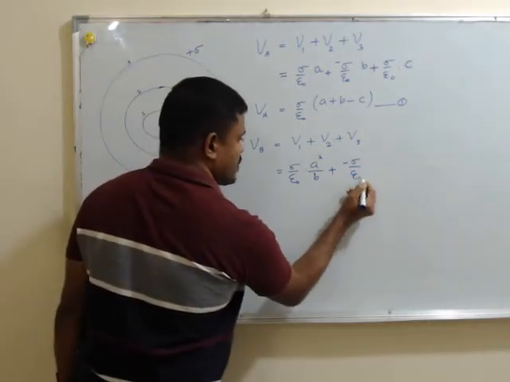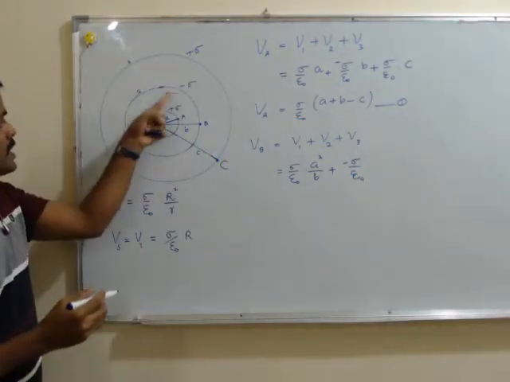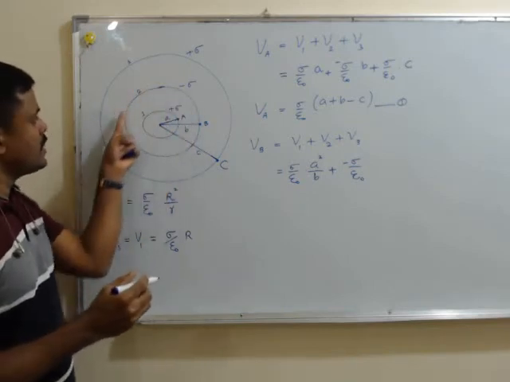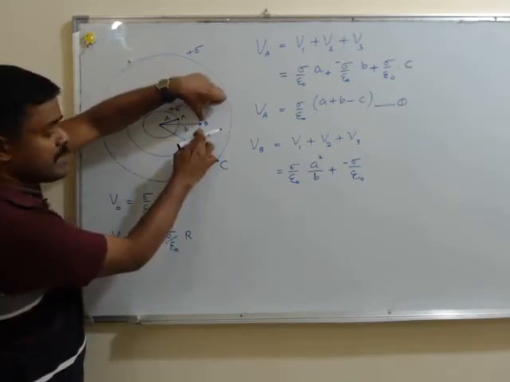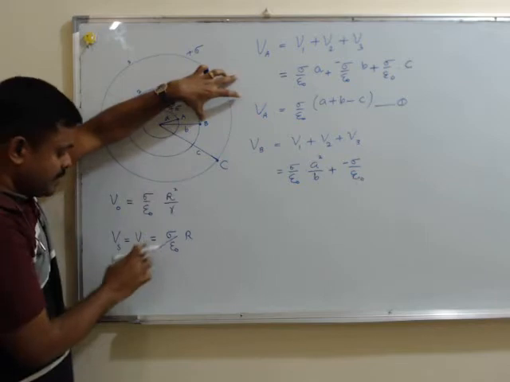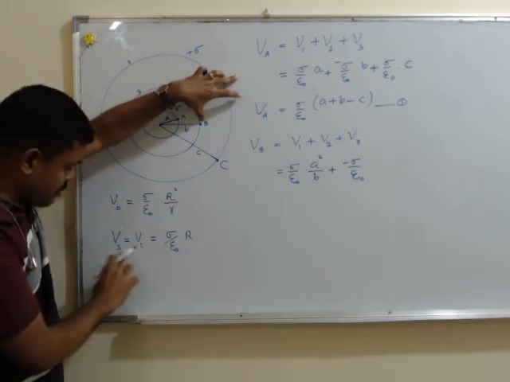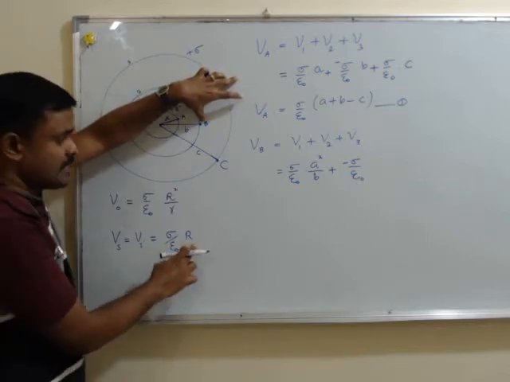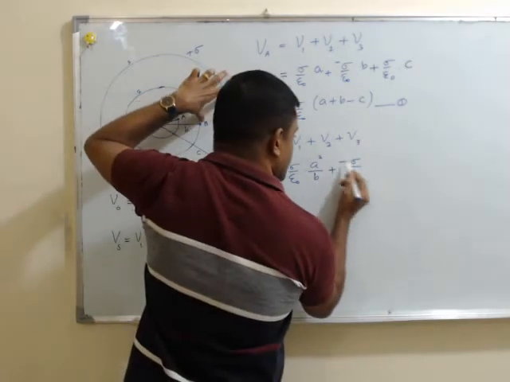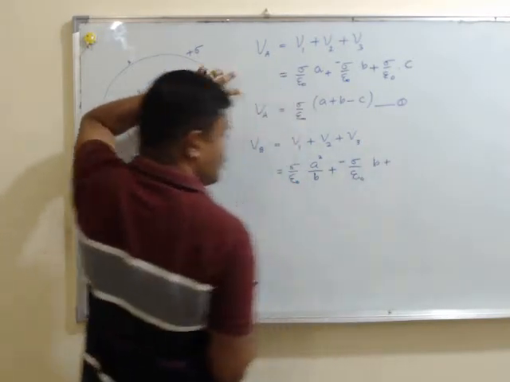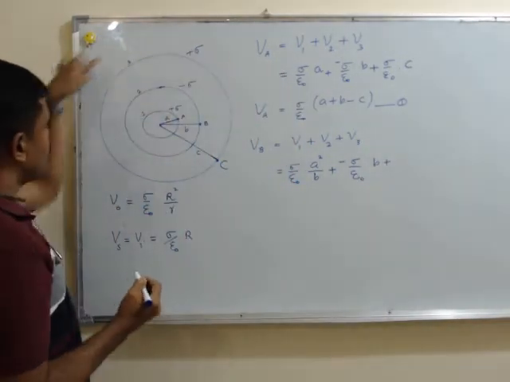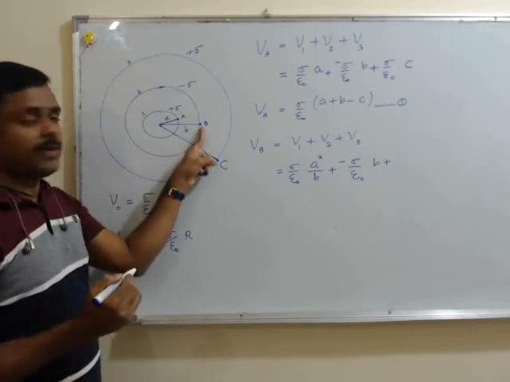Minus sigma by epsilon 0 into. Look at the second sphere. The point is a surface point. What is the potential due to it? Sigma by epsilon 0 into its radius. So, minus sigma by epsilon 0 into its radius. Similarly, for the outermost shell, this point is what?